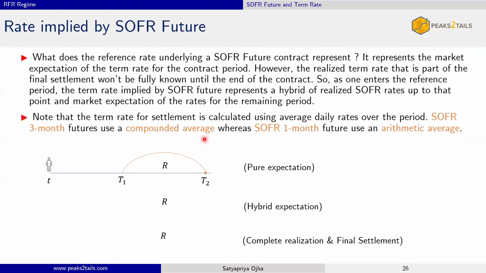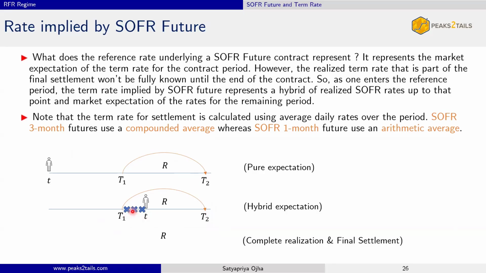The first two cases we looked at are this case, where T1 and T2 are in the future. The June future is completely in the future. The September future is completely in the future. So the rate implied or inferred by that contract is a pure forward rate.